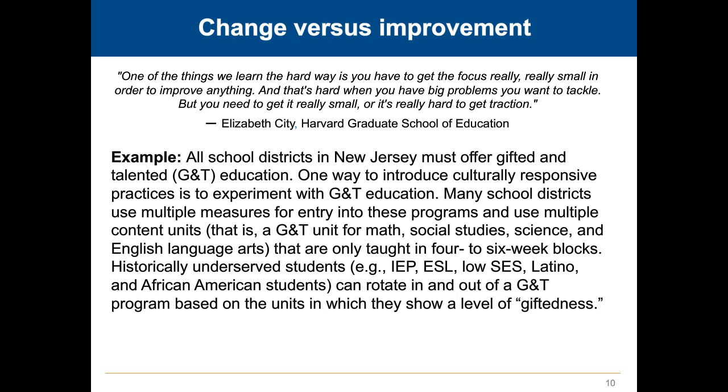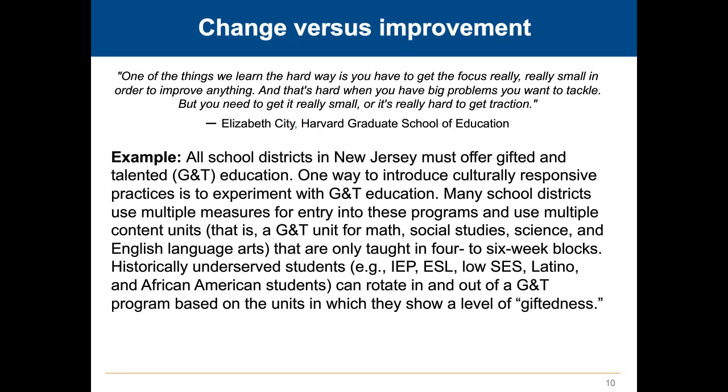And then they have gifted and talented units so that kids might find themselves entering into mathematics, but maybe not into social studies. They may find an entryway into science, but maybe not English language arts. And they're taught in 4 to 6 week blocks. And what they are finding is that more individual education plan students are finding their way in any one of these 4 areas of gifted and talented education. More English language learners and English as a second language learners are finding their way in.